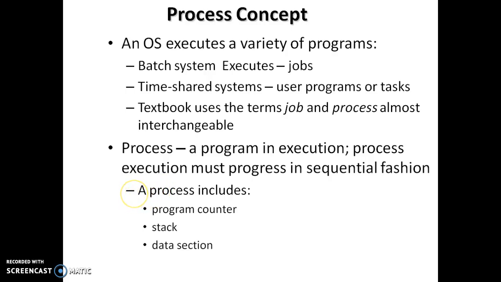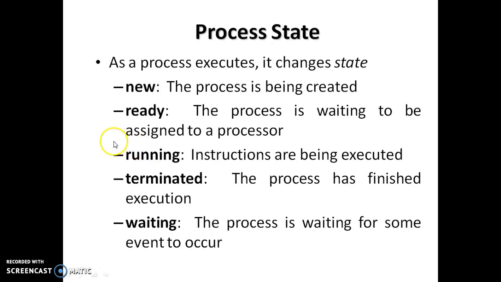Any process which needs to be executed in an operating system must have some attributes or characteristics like program counter, which defines the size of a process, stack which maintains the process state, and data section which holds the data going to be used by the process during its execution.